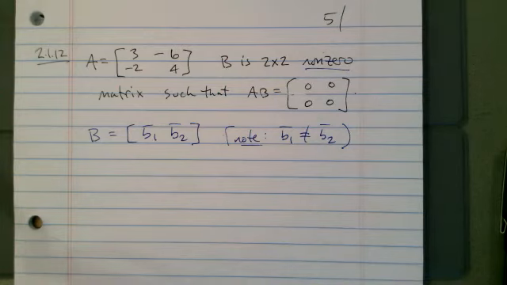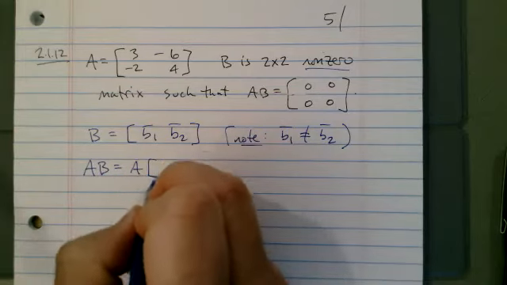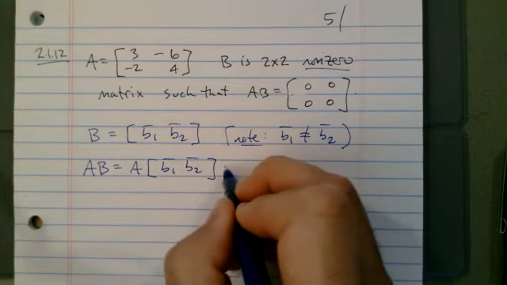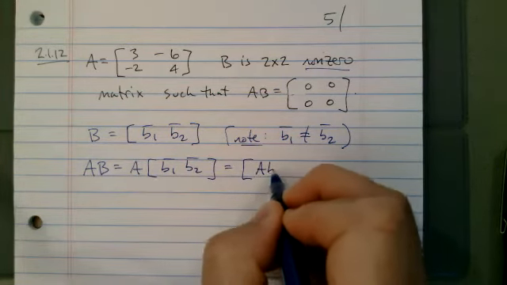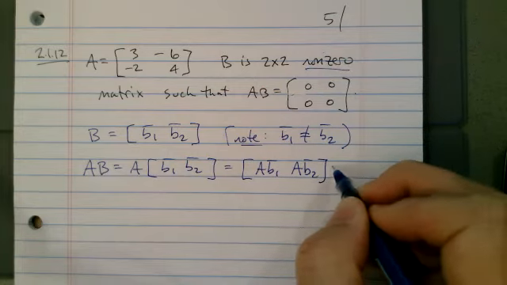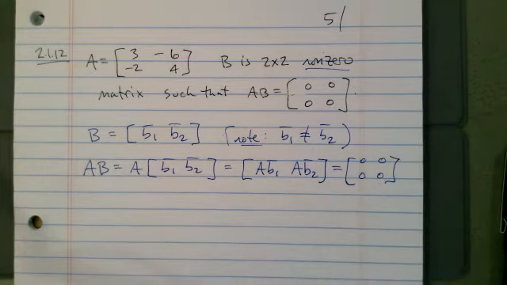If we think about the product A times B and think about the columns of B, AB will be A times the columns of B. So we'll have the matrix A times B1 and A times B2, and we want this to equal 0, 0, 0, 0. So we have to ask ourselves, is this even possible? And why is it, and if so, how come it's possible?